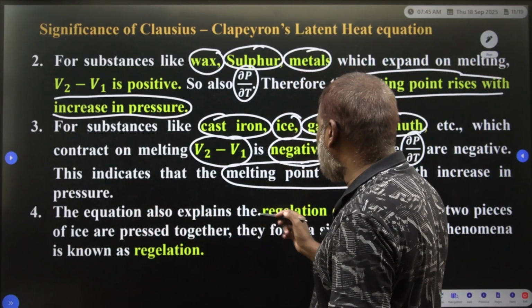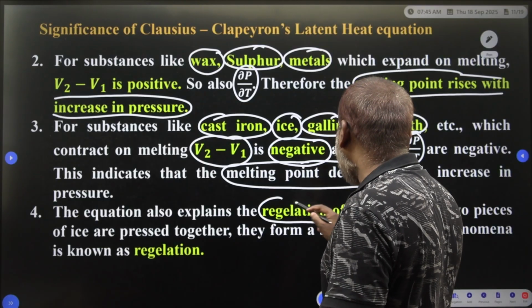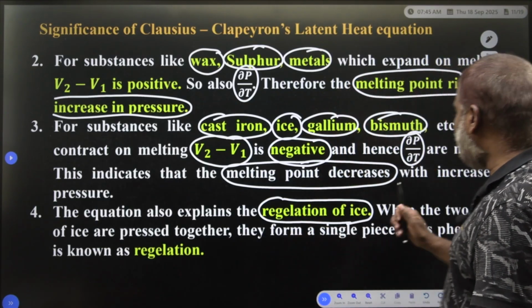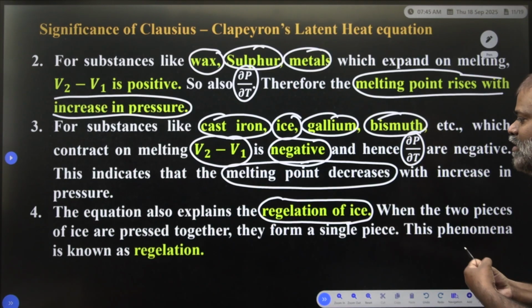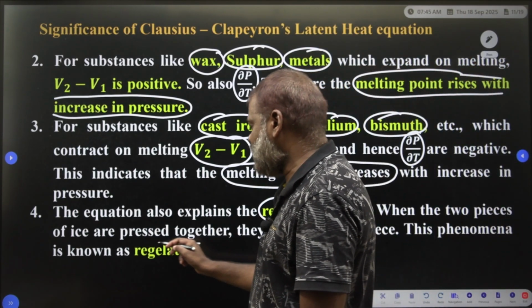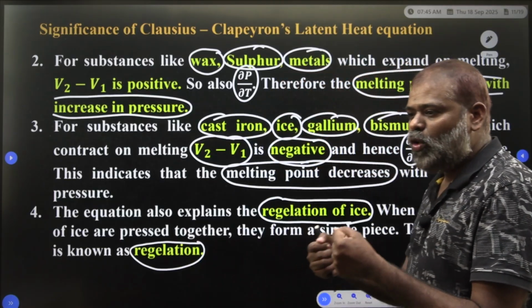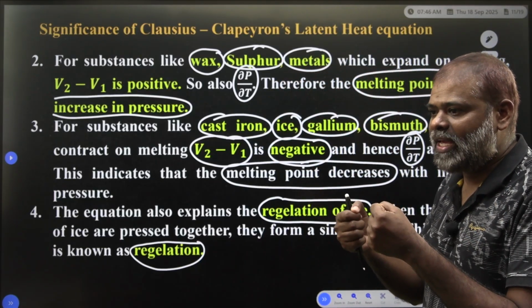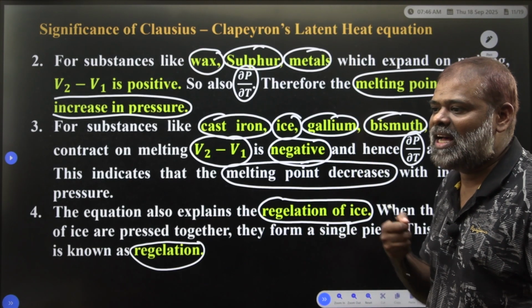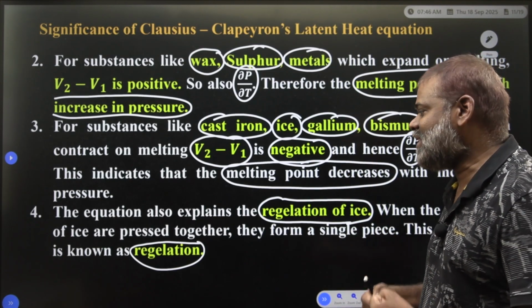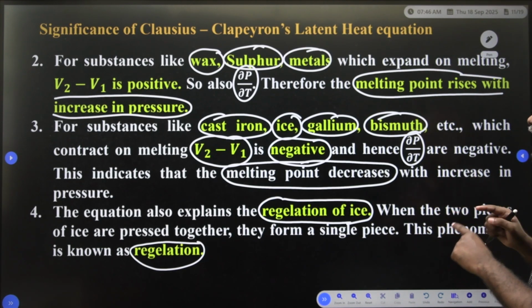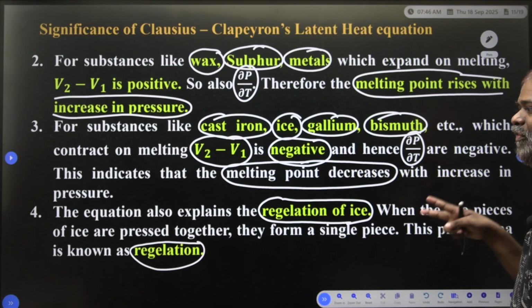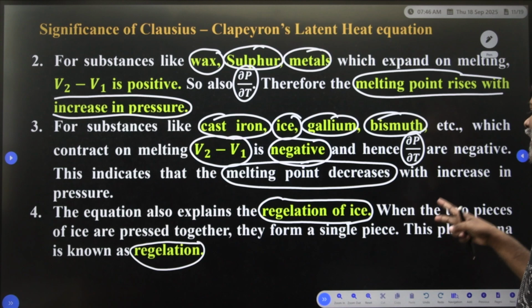The equation also explains the regelation of ice. What is regelation? When two pieces of ice are pressed together, they form a single piece.